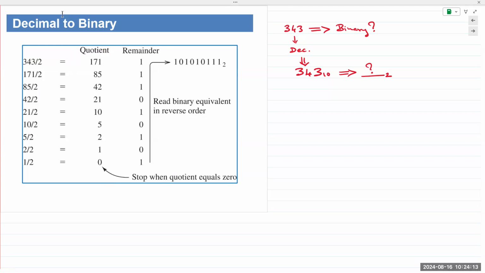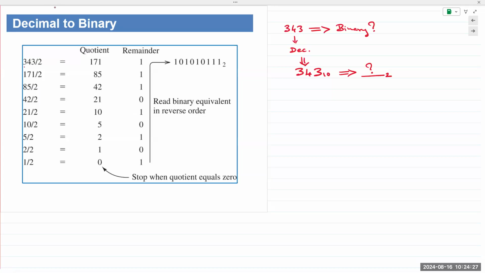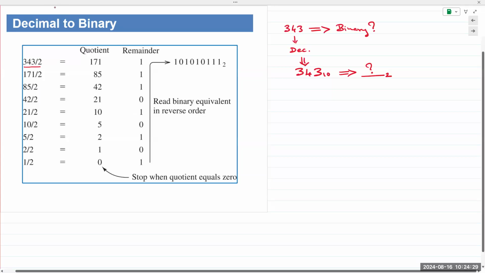If you divide any number by 2, the remainder has only 2 options, either 0 or 1. And that's the principle of using this technique. You take 343 and you divide it by 2. That's the number we want to convert to binary.